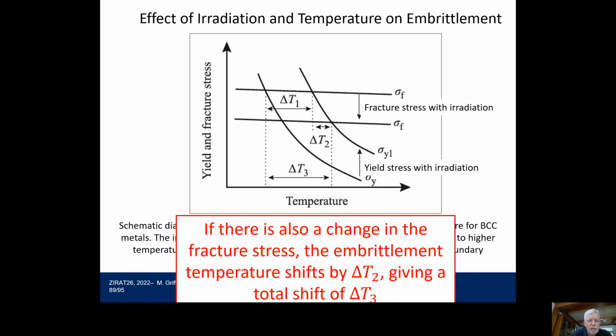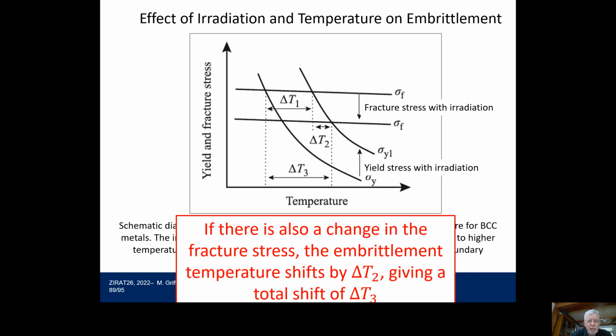So we have this condition where, as the yield strength goes up, the point at which the fracture stress is below the yield stress is observed at higher temperatures. If at the same time you lower the fracture stress, you shift this transition further.